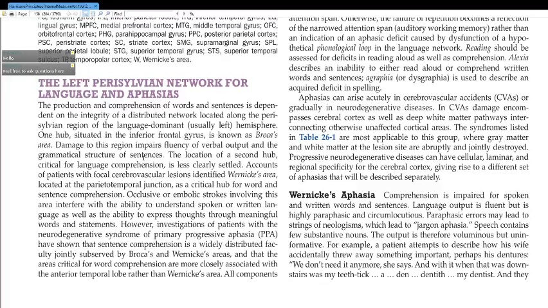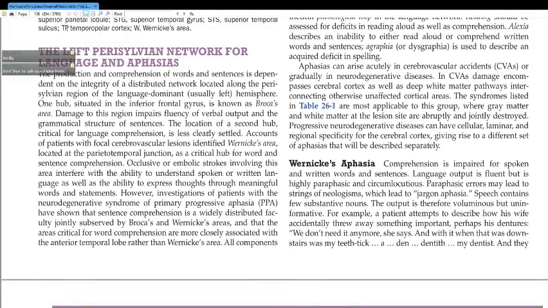Damage to this region impairs fluency of verbal output and grammatical structure of sentences. The location of a second hub critical for language comprehension is less clearly settled.